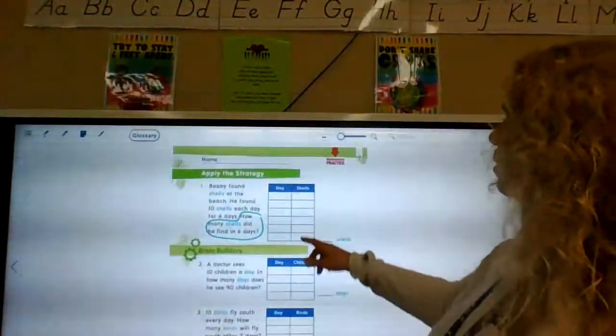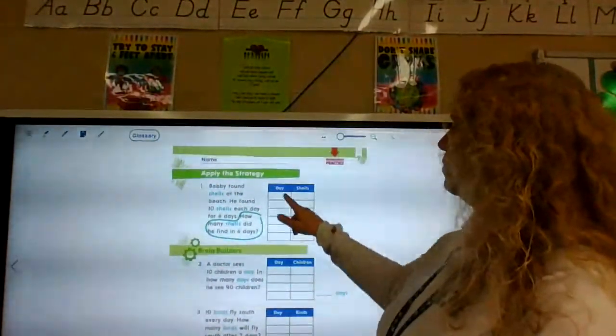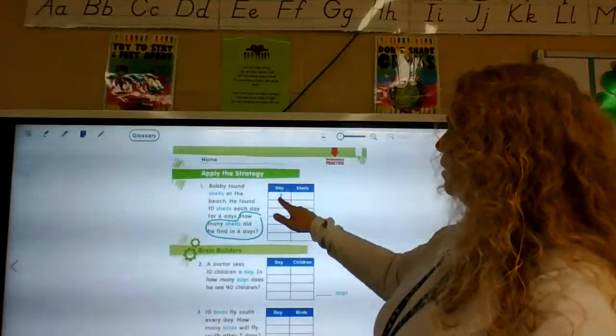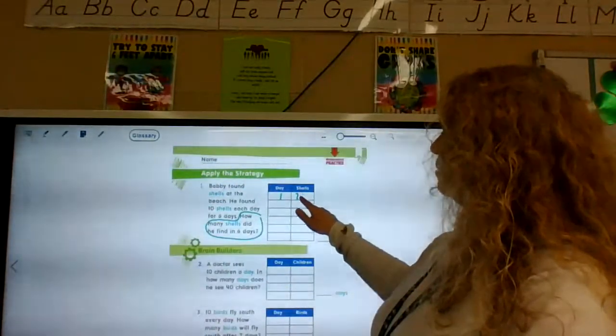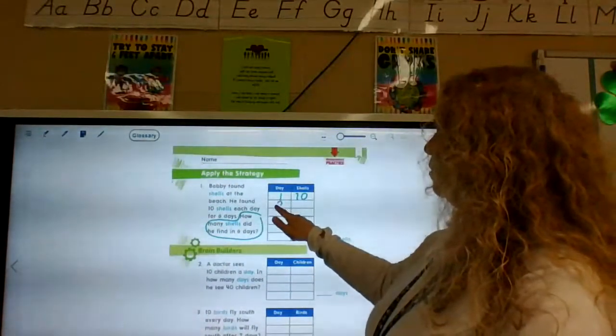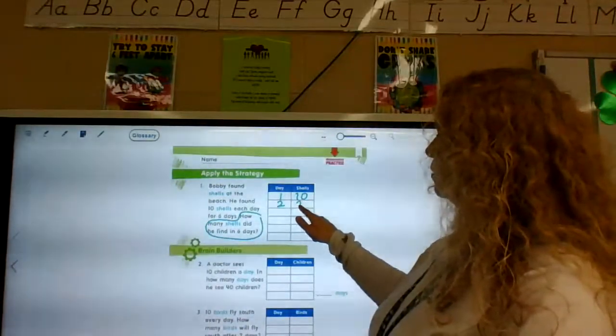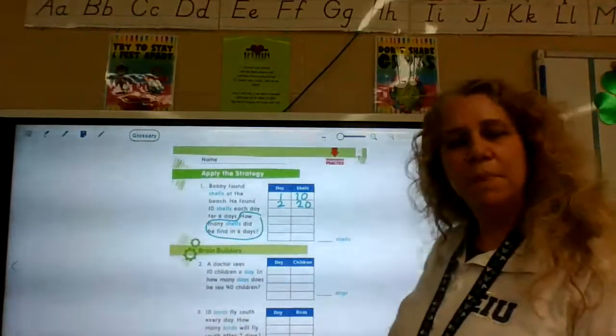Okay, so what would we start with? Day and shells. Day 1 is 10 shells. Day 2 is 20 shells. Keep going. Fill out your chart.